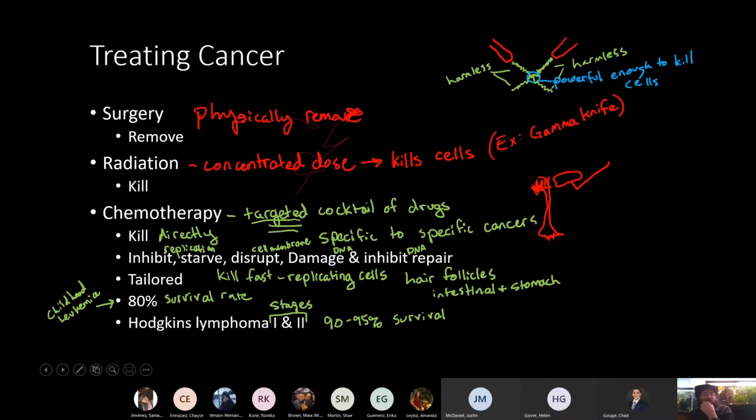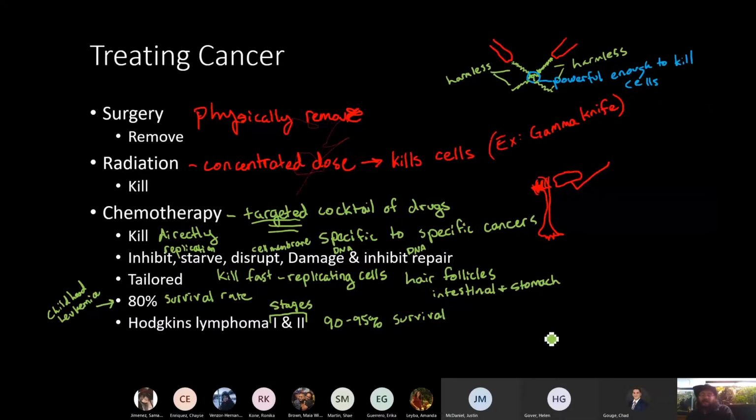So chemotherapy can be extremely effective. It makes you feel like garbage. Oftentimes people say, oh, chemotherapy makes you sicker than the cancer. So you'll have people who bail on chemotherapy and they start to feel better. And they're like, oh man, chemotherapy was what was wrong with you.